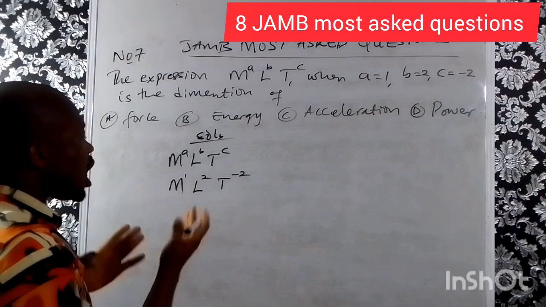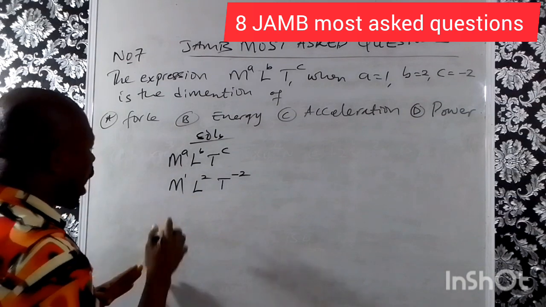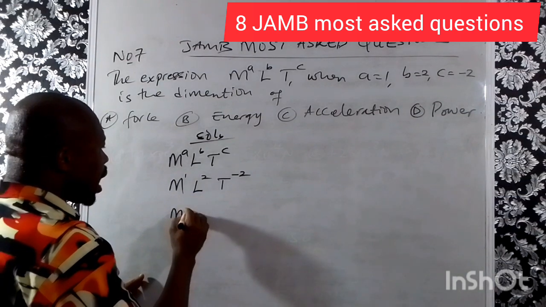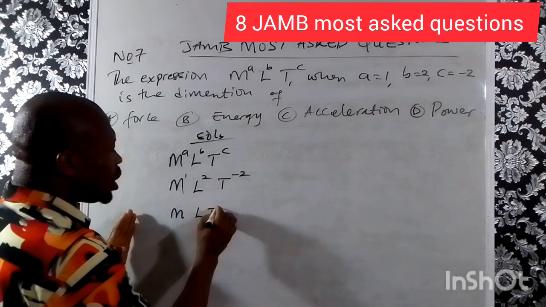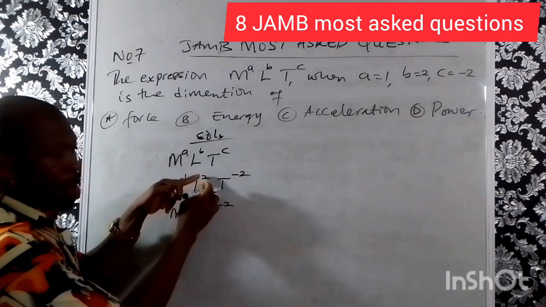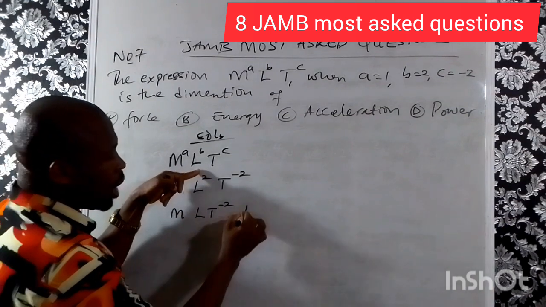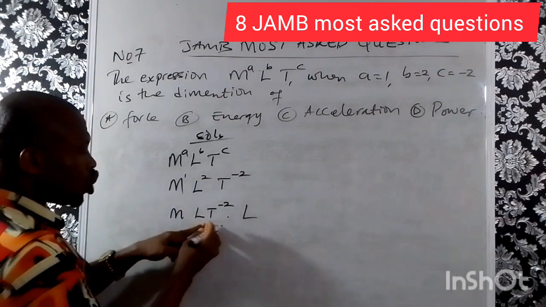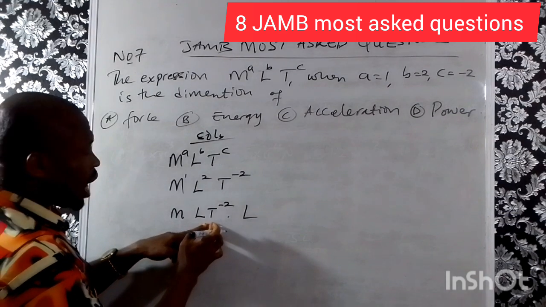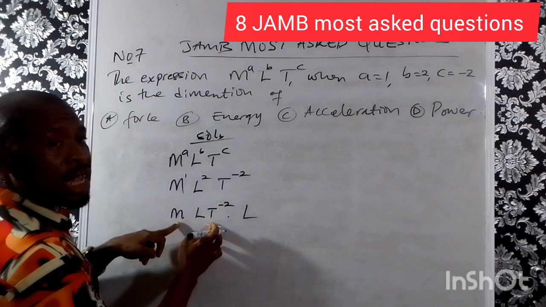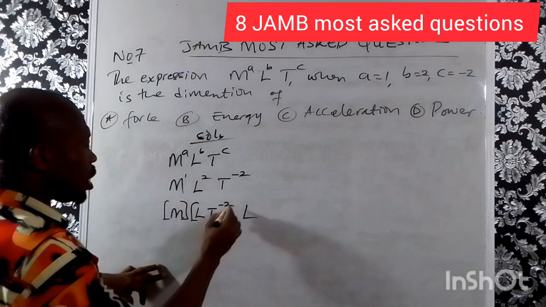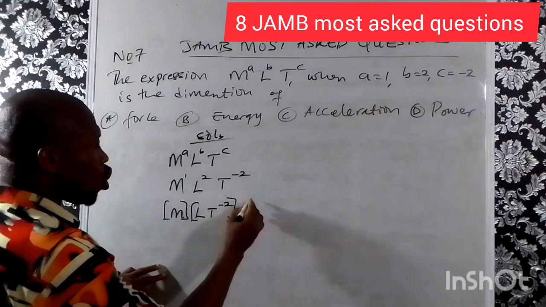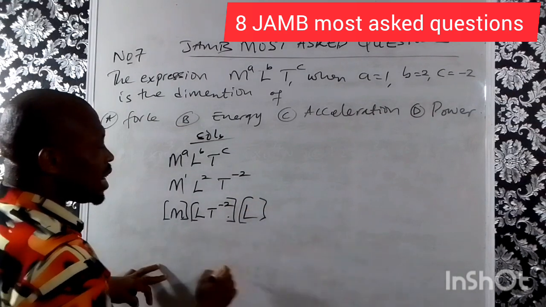Having done this, the next thing now is to rearrange this. If you rearrange this, of course we have M, L, and LT raised to the power minus 2. Remember, this one is remaining, multiplied by L. This one is acceleration, while this one is mass, this one is acceleration, while this one is distance.